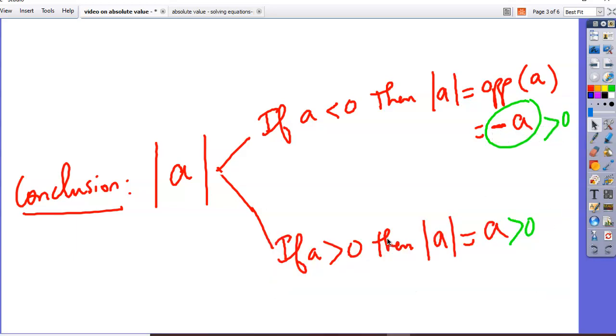However, if a is positive, then the absolute value of a is a itself. So the absolute value of a negative number is the opposite of that number, while the absolute value of a positive number is the number itself.